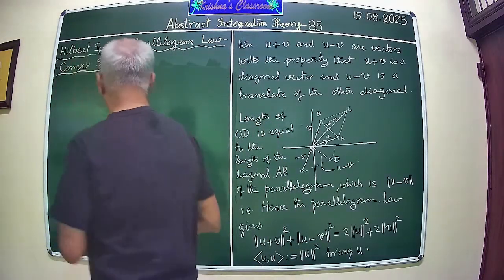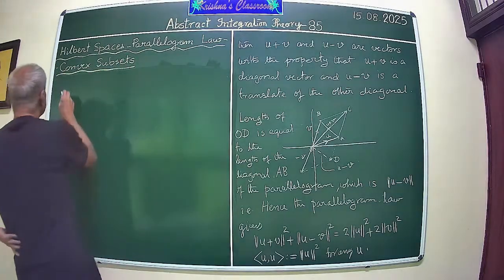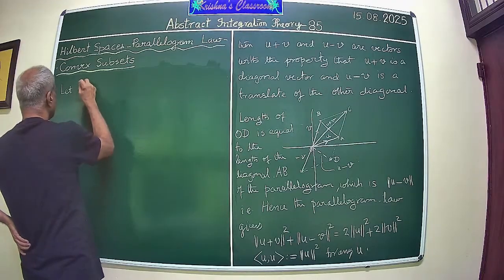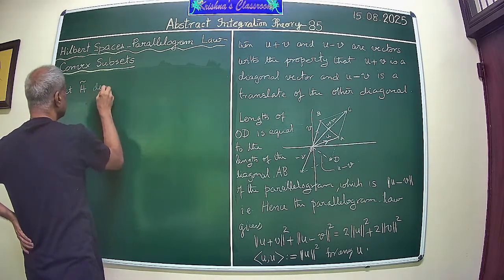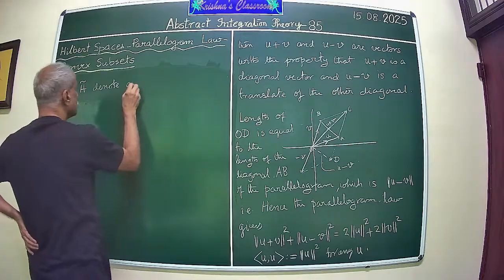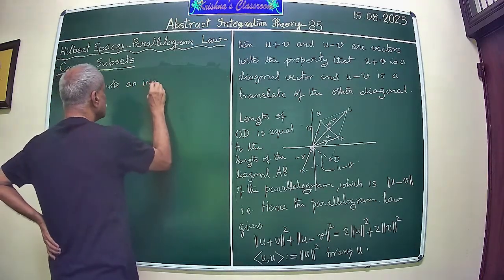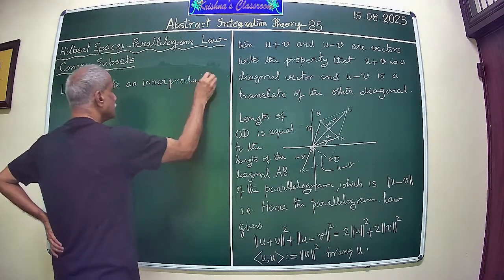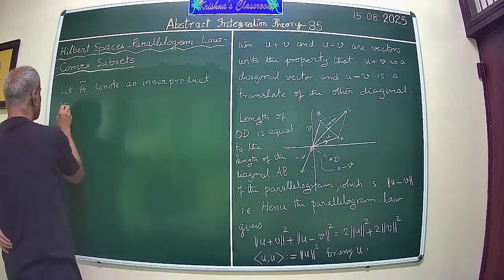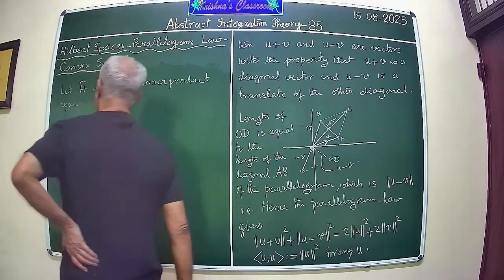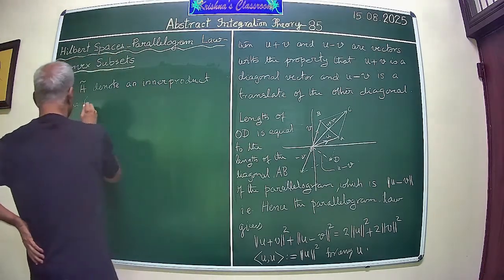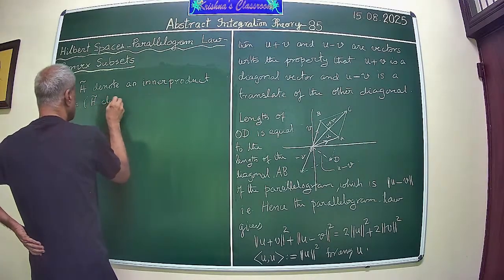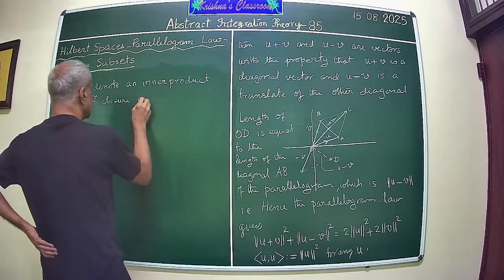So now consider, so let H tilde, that means H tilde is not necessarily complete, H tilde closure is a Hilbert space.